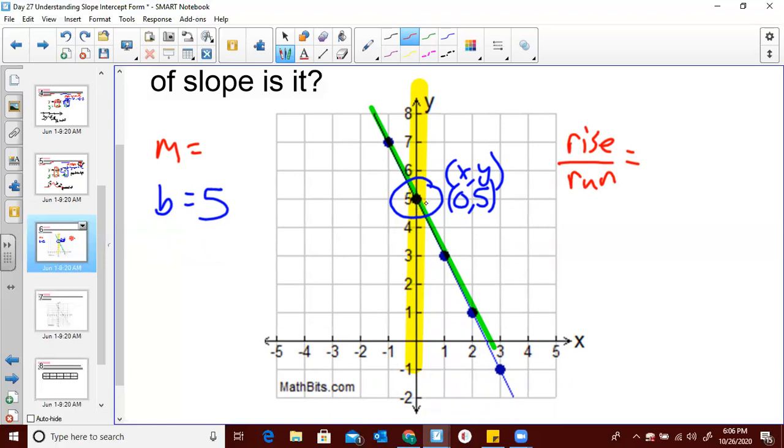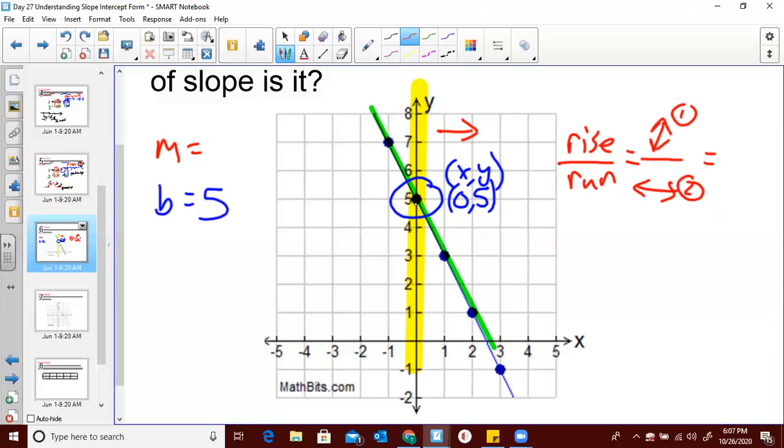So just to get you guys in the habit, since we're already reading from left to right to figure out what type of slope it is, I'm going to go to my next point to the right. I'm going to do my rise first. So I'm going to remember it's up and down first, and then it's left and right, and that'll be second.